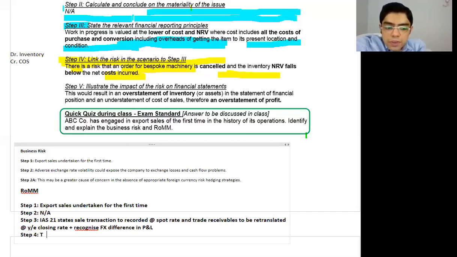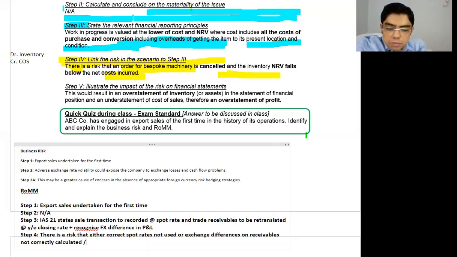The risk is, there is a risk that either correct translation, correct spot rates not used, or exchange differences on receivables not correctly calculated, recognized.